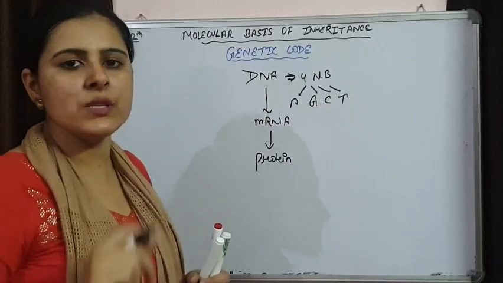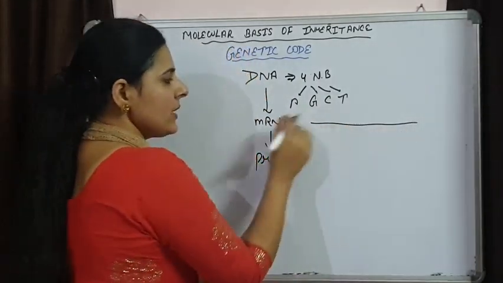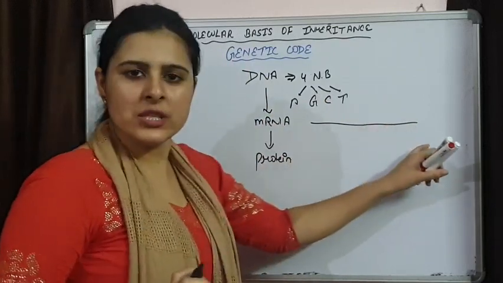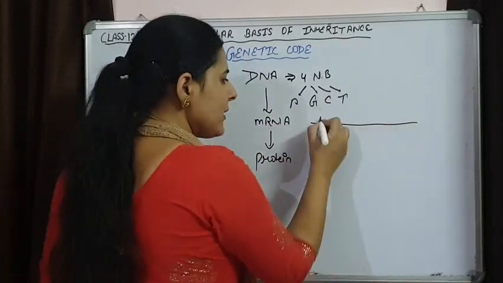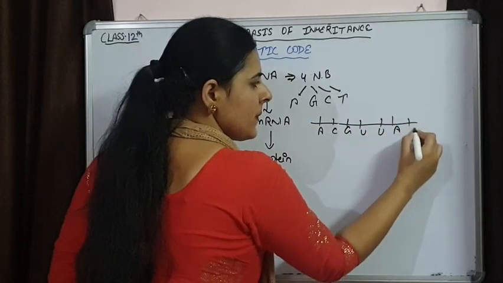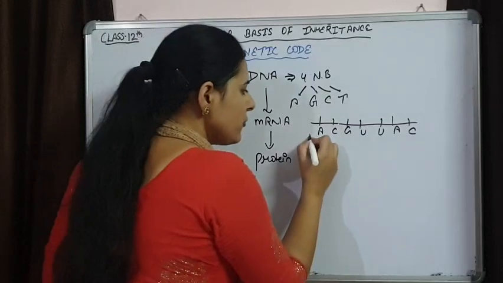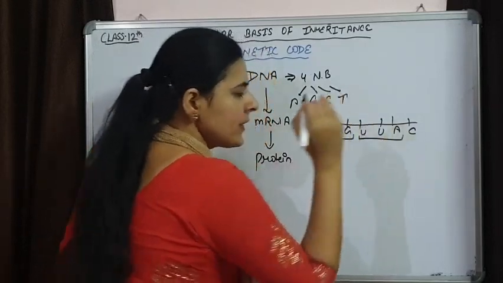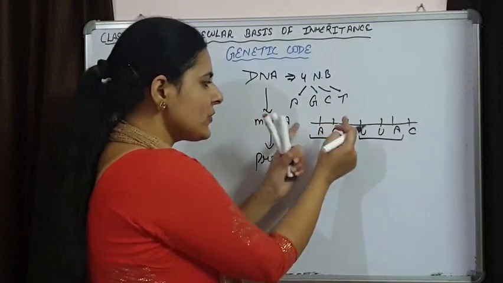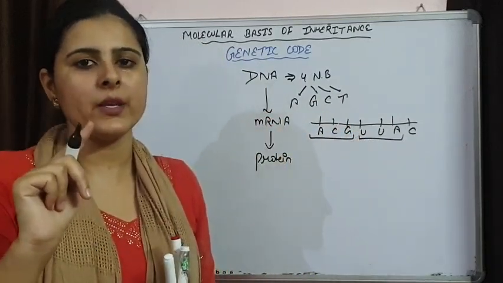And one more thing we saw is that the mRNA strand again has nitrogenous bases. These 4 nitrogenous bases are arranged, and they work in groups of 3, and a group of 3 nitrogenous bases is going to code for one single amino acid.